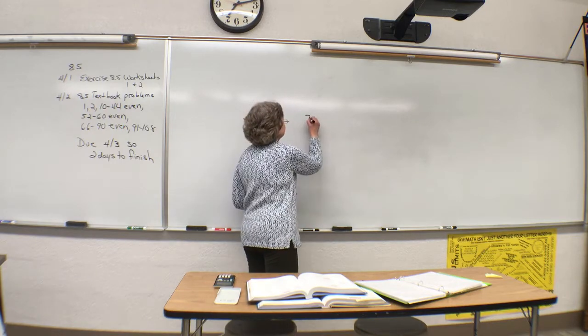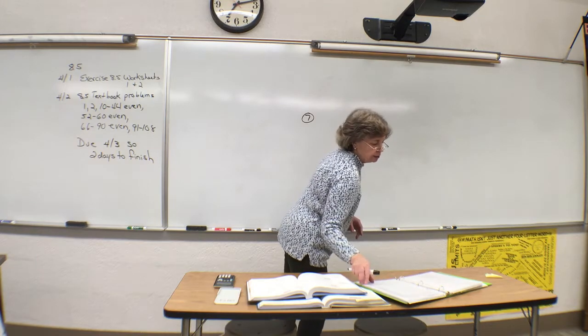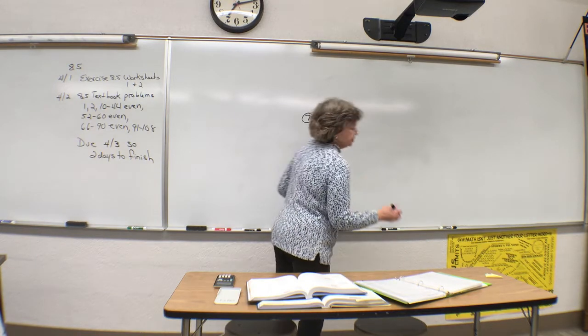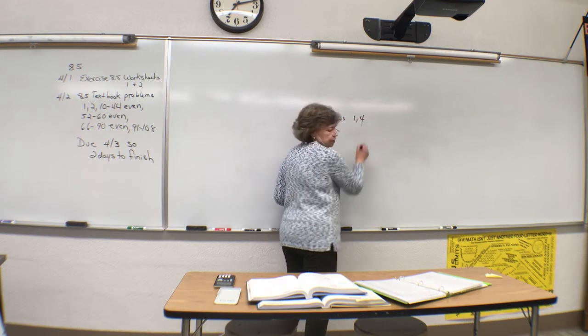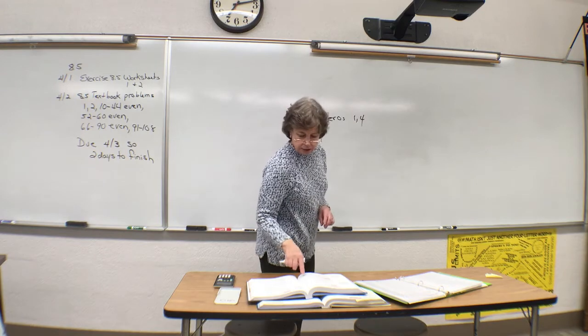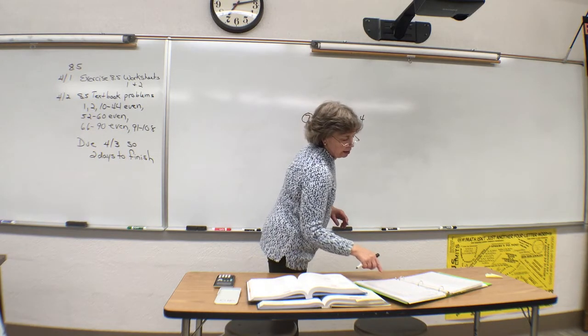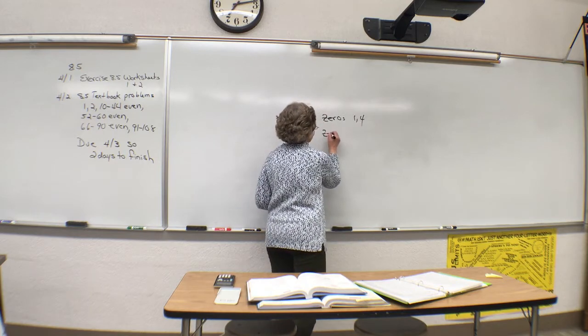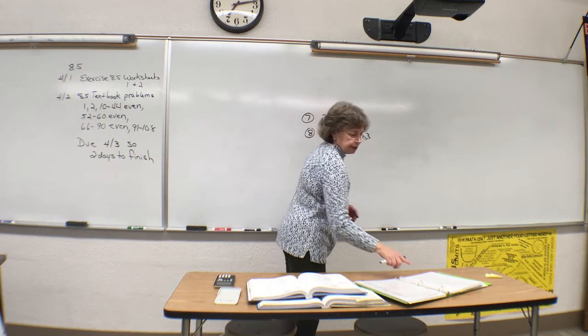So number 7, when you were checking, you would have had zeros at 1 and 4. And for 8, you would have zeros at negative 4 and 3.